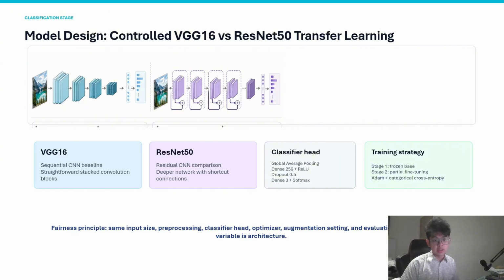In the first stage, the pre-trained base is frozen and only the new classifier head is trained. In the second stage, selected deeper layers are unfrozen for partial fine-tuning. Both models will use the same ImageNet pre-trained weights, Adam optimizer, categorical cross-entropy, early stopping, and learning rate reduction.